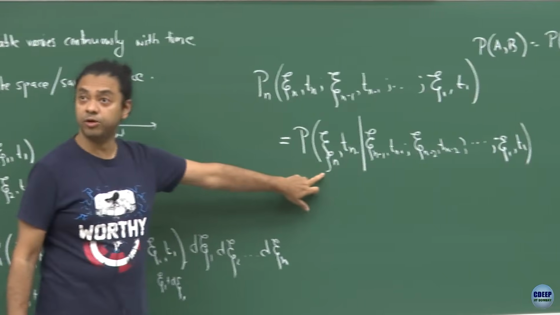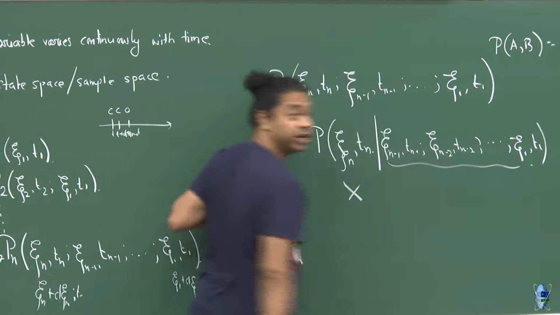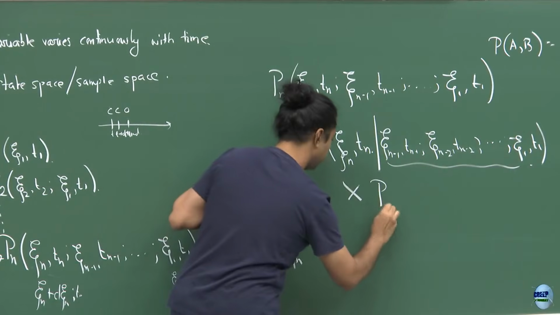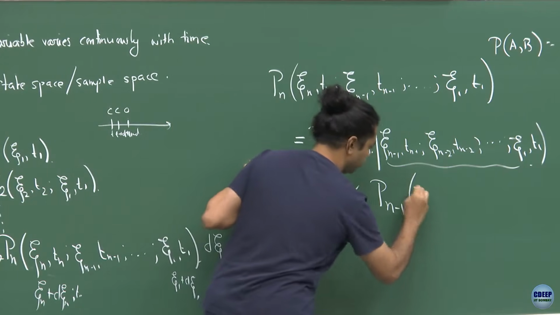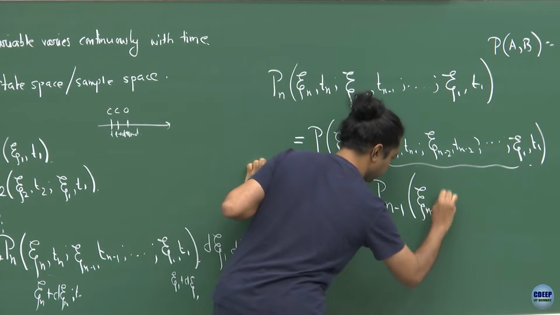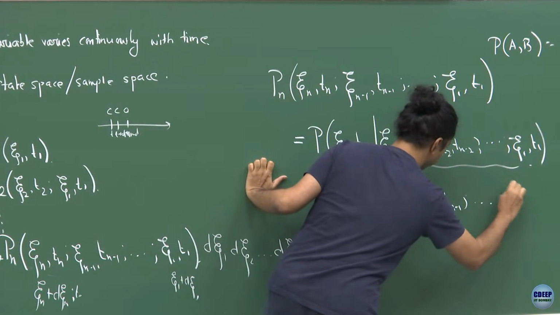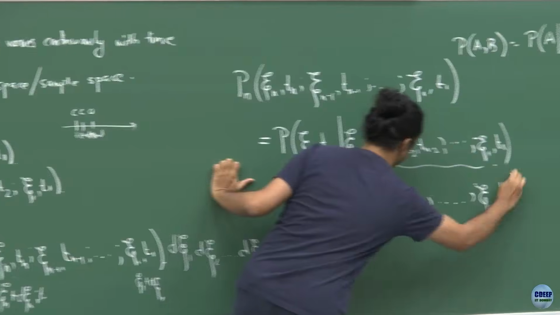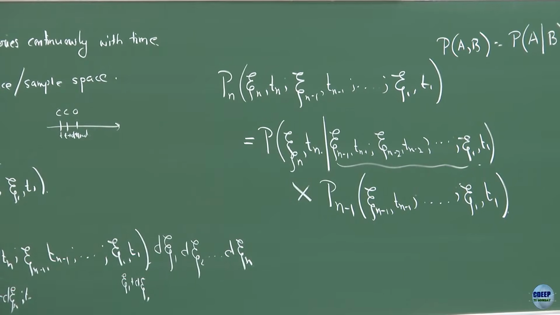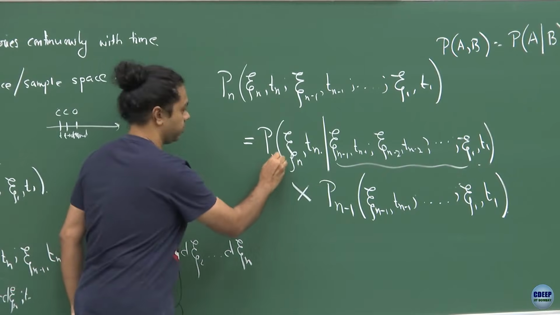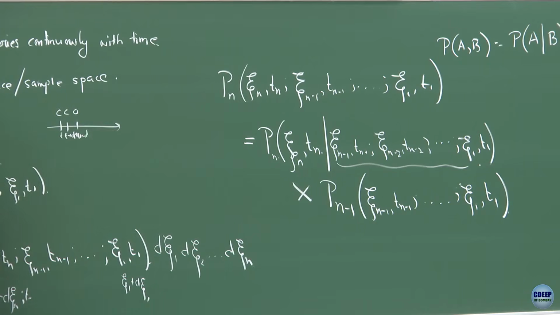So, this is a conditional probability times the probability of this history itself, which is the n minus 1 time joint probability distribution, right. So, xi n minus 1 Tn minus 1 all the way up to xi 1 T1. Is this fine? So, let me again put a subscript here. This is just a generalization of that statement.